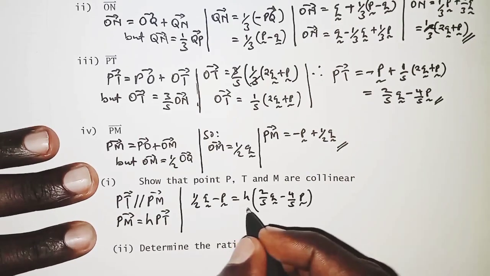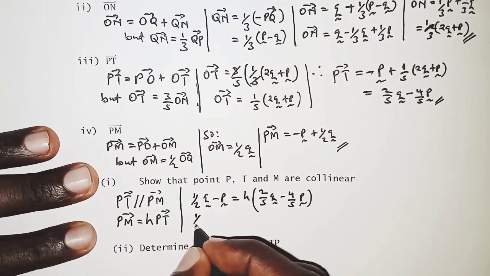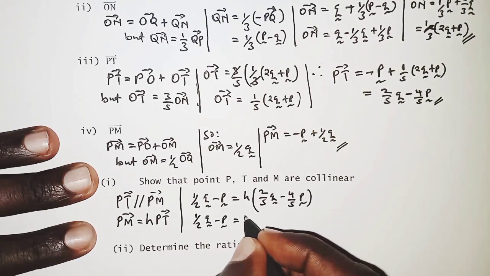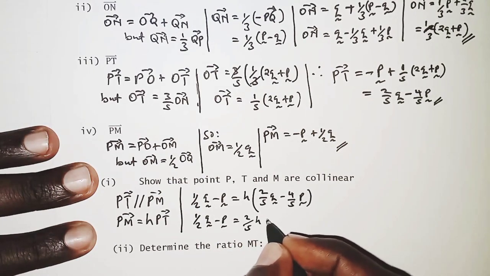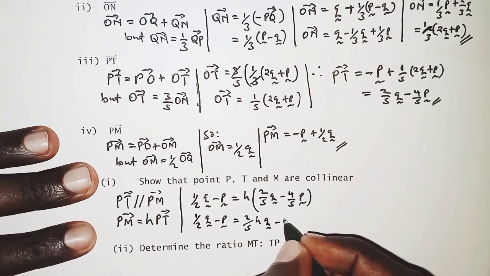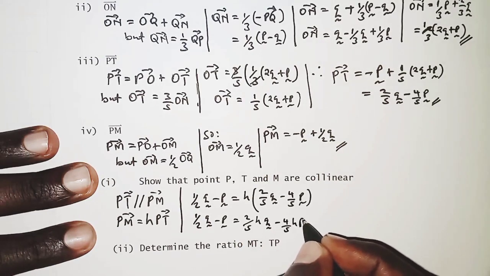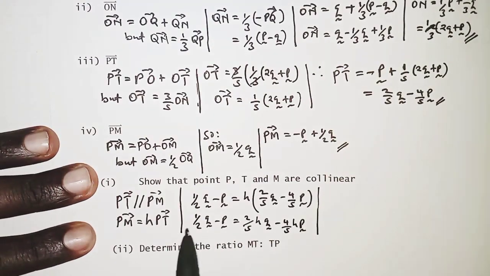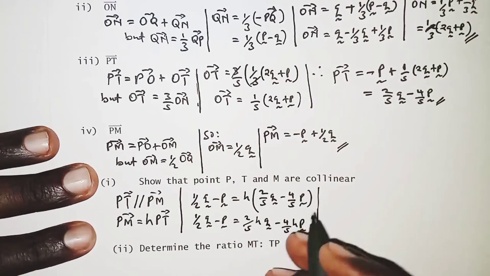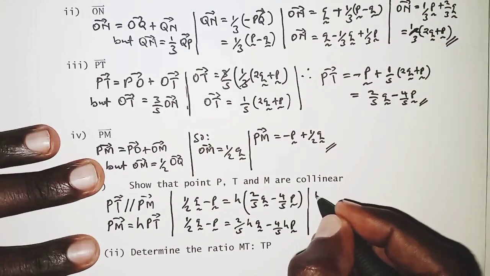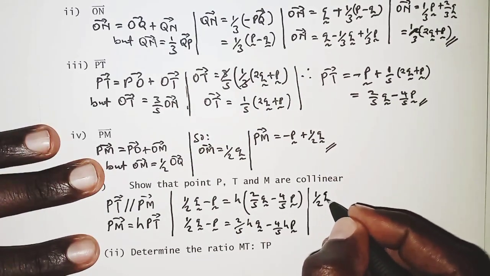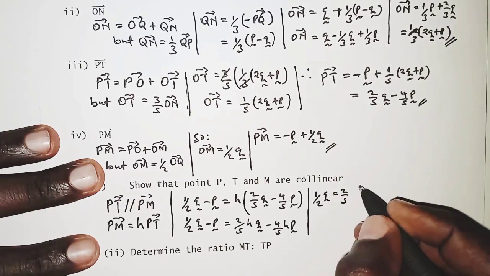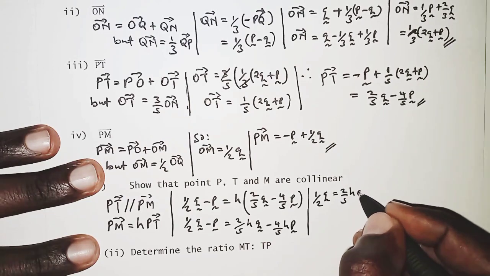So from here, open the brackets so that you have a half Q minus P is equal to 2 over 5H Q minus 4 over 5H P. So we can equate the Q's or the P's in order to get H. Let's say a half Q is equal to 2 over 5 HQ.